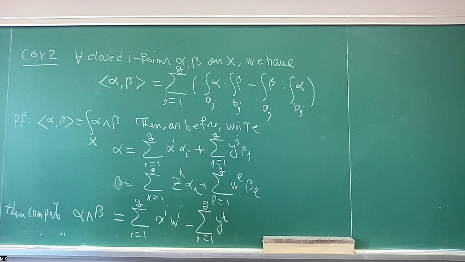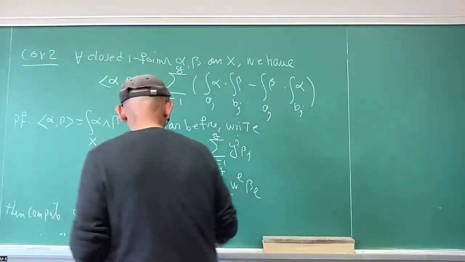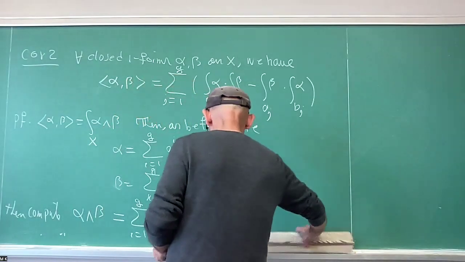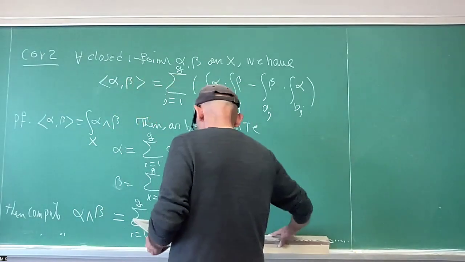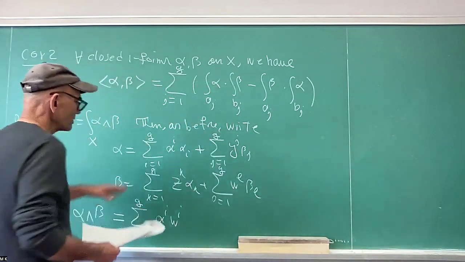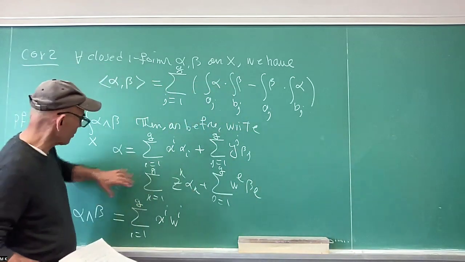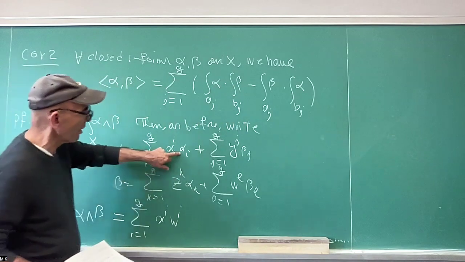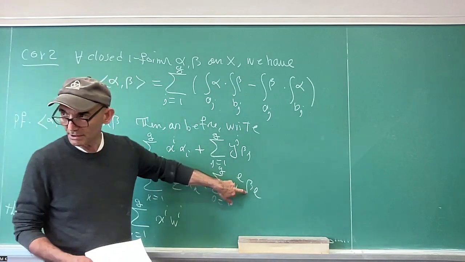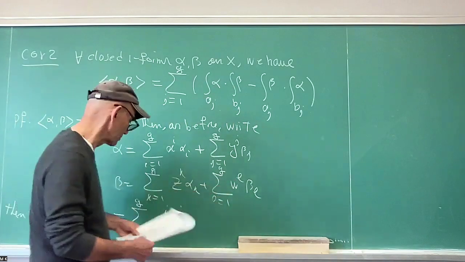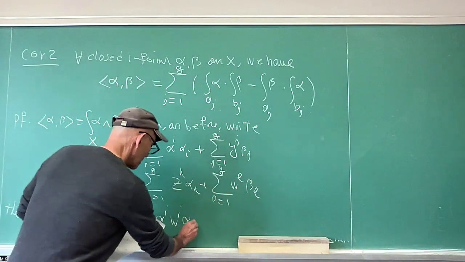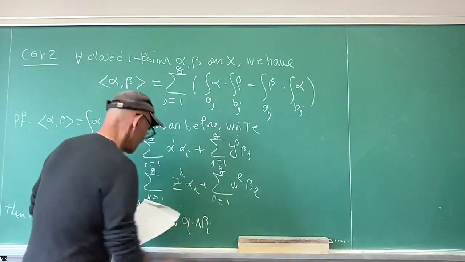Xi and wi, it should be alpha i, then beta i. Let me write it. It's just a question of taking the wedge product of alpha and beta. There's alpha i, beta i that remains here; the other terms cancel. So this is alpha i wedge beta i.